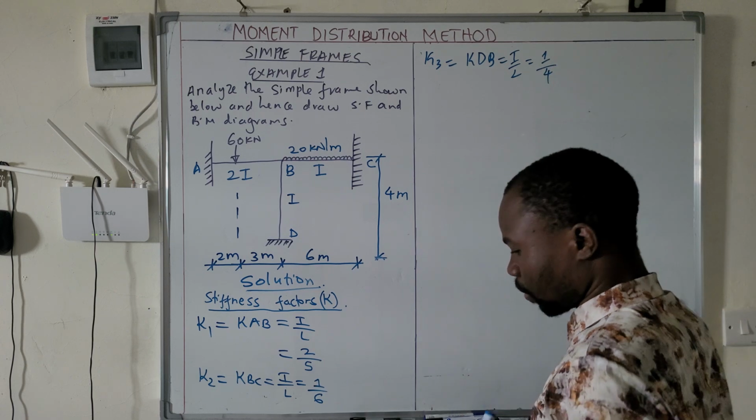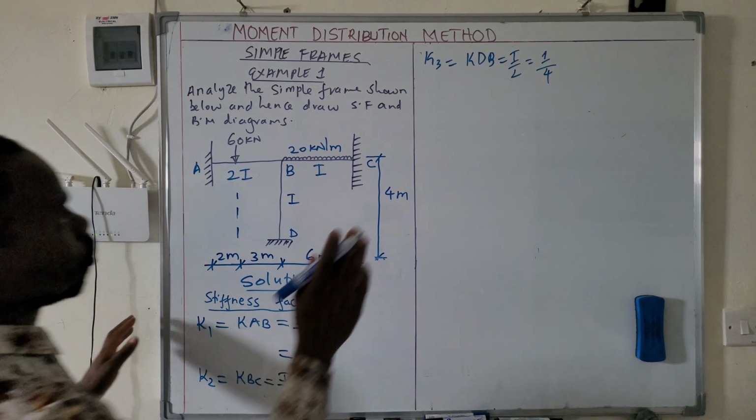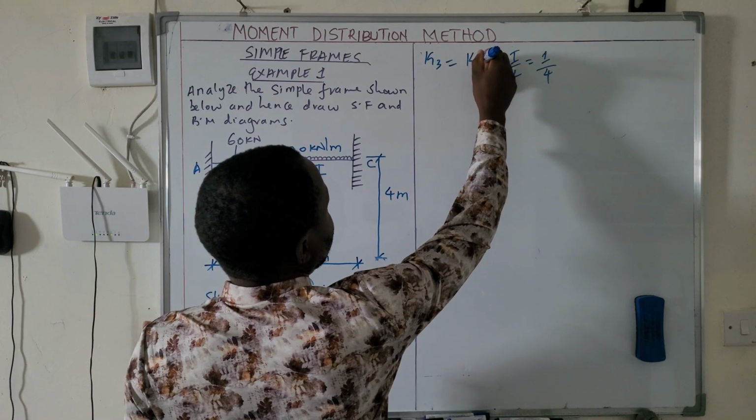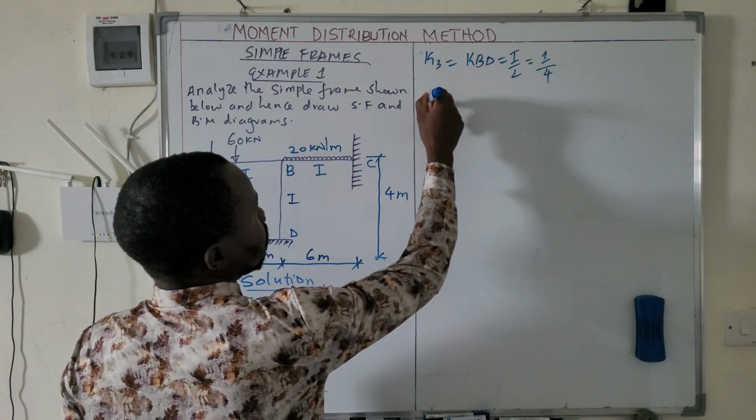So this is K3. After that, we go to distribution factors. Sorry, this one should be this KBB like that. And then we go to distribution factors.